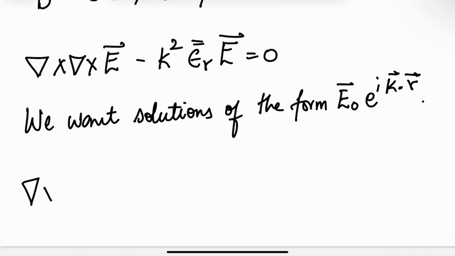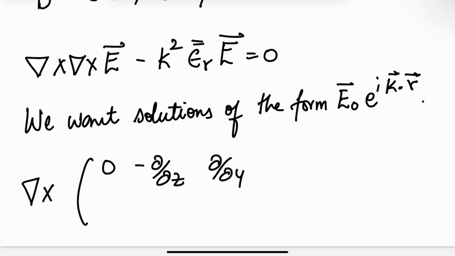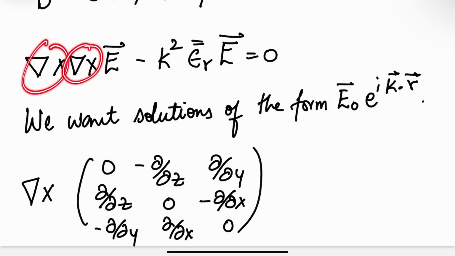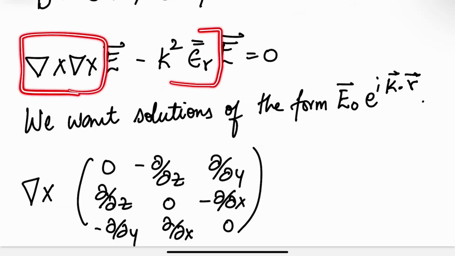Okay, so we know that this curl operator is a matrix. So I can write it as 0, minus d/dz, d/dy; d/dz, 0, minus d/dx; minus d/dy, d/dx, 0. So I can take the square of this matrix because I have curl of curl, right? So that gives me a matrix. And now this is also a matrix.